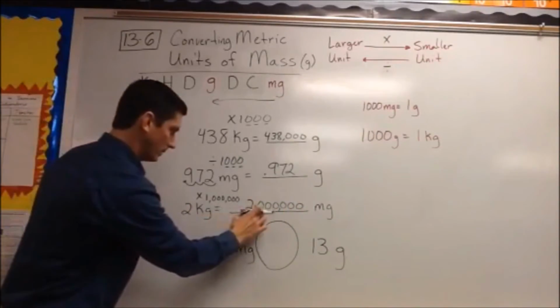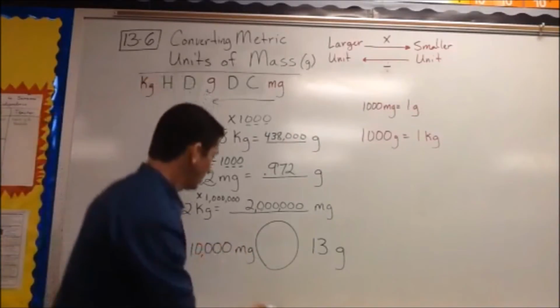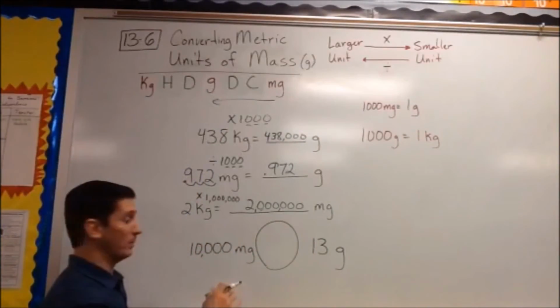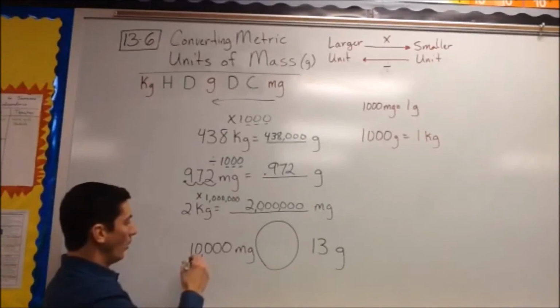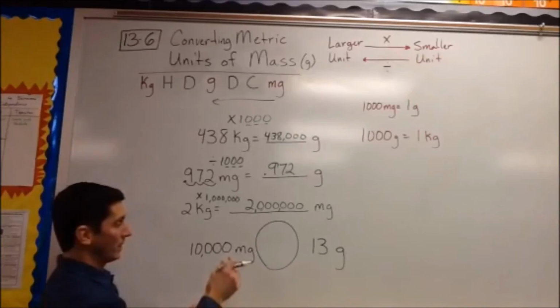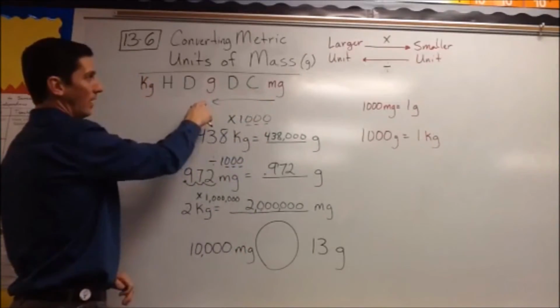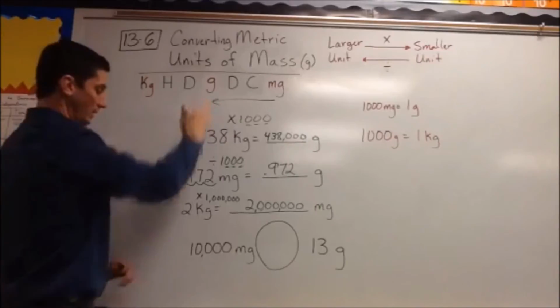Okay, let's look at comparing 10,000 milligrams to 13 grams. When you have a comparison, you can switch either one, remember? I'm going to convert the milligrams to grams. If I'm going from smaller unit to larger unit, I divide.